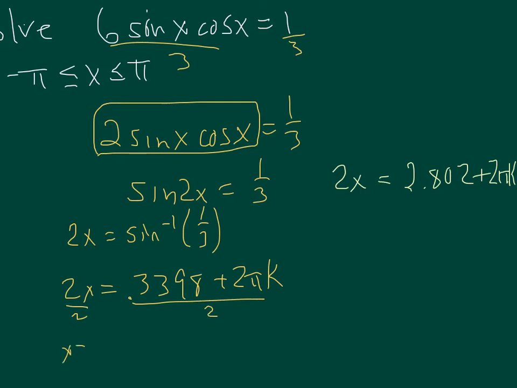We get x equals 0.1699 plus pi k. And this other one we get x equals 1.40 plus pi k.